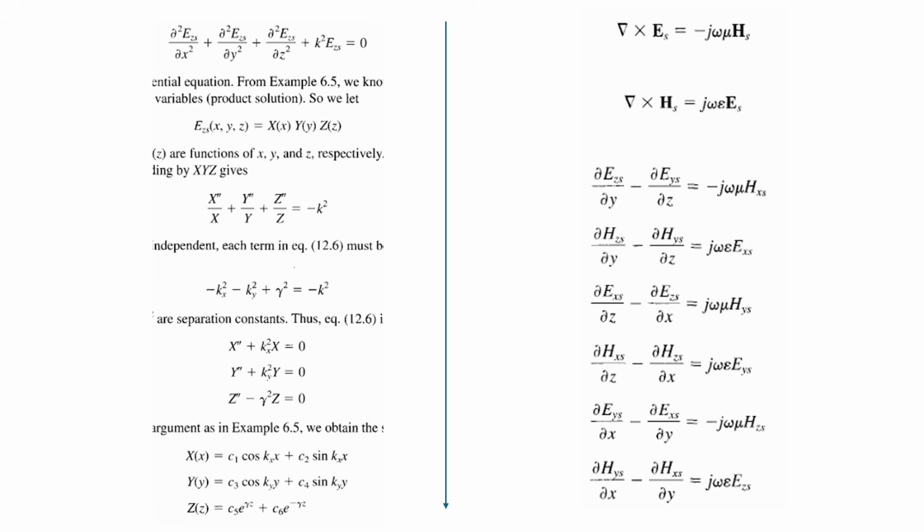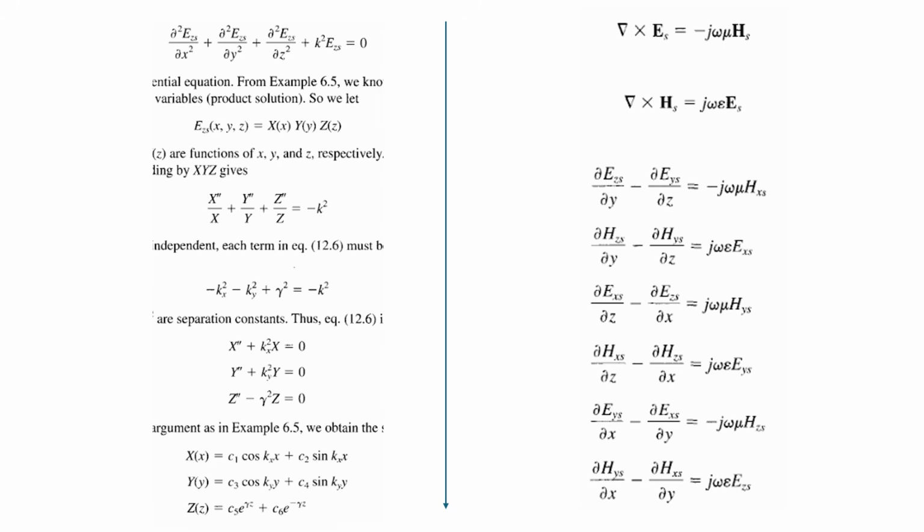First, the equation can be rewritten as del square Ezs by del x square plus del square Ezs by del y square, and then similarly del square Ezs by del z square plus k square Ezs. Here we are differentiating in all three directions, and suppose the wave is traveling in the Z direction.